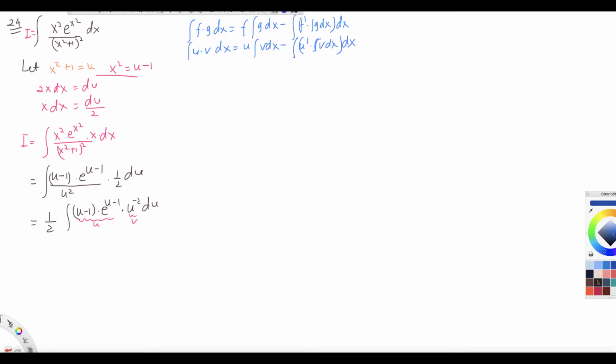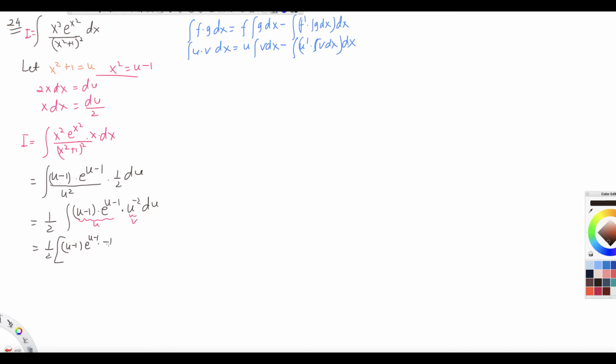So which equals 1/2, let me write a bracket there. So u is that thing, (u minus 1) e to the u minus 1, times the integral of v. What is the integral of u to the negative 2? It is u to the negative 2 plus 1 over negative 2 plus 1.